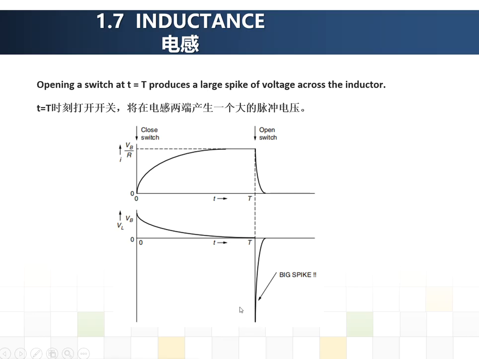So that will create a spike of voltage. Suddenly at t equal to capital T, the voltage goes in the negative direction to a very large value, and then quickly decreases to 0, because at that time the current reaches 0. That finishes section 1.7.